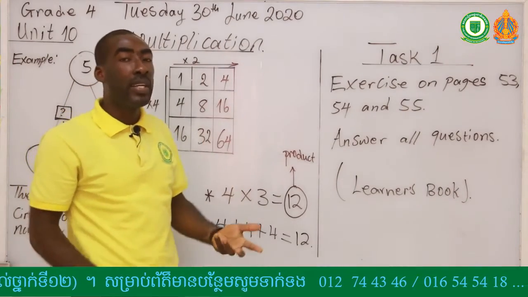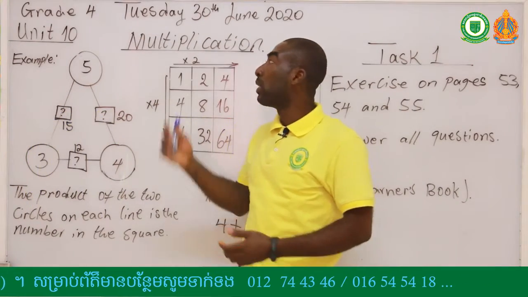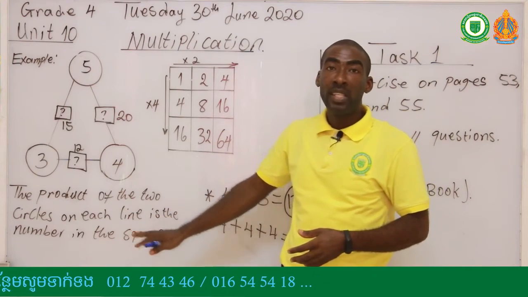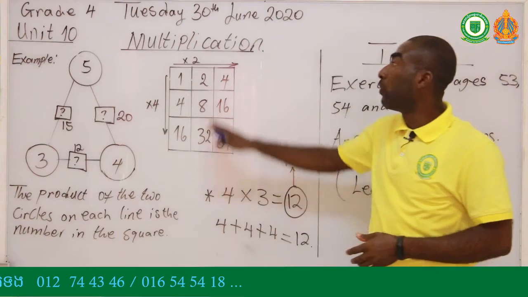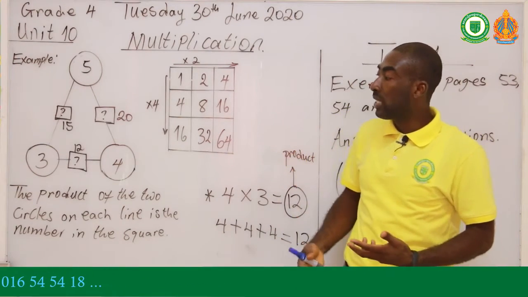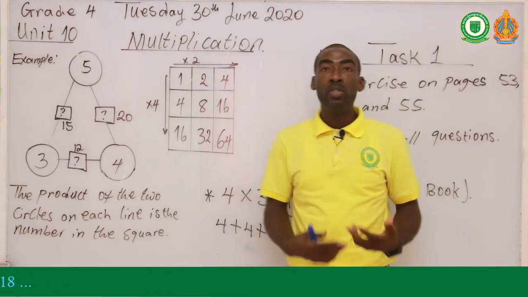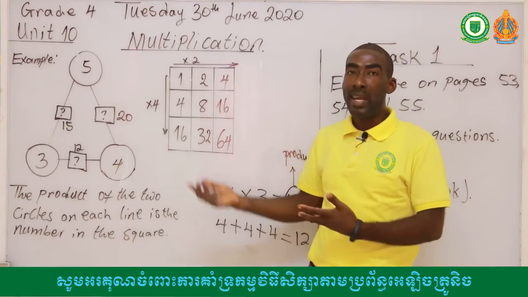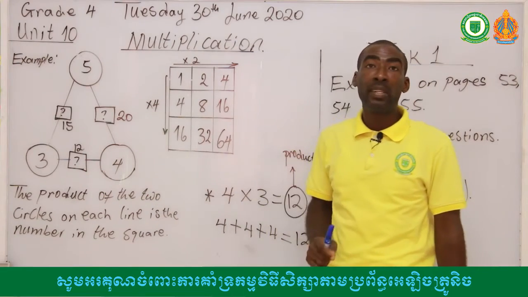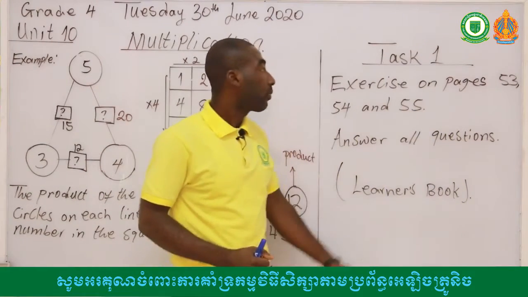So please, students, whenever you are dealing with a multiplication, you have to read your instruction or you have to follow the signs that is instructing you. We can put instruction in words or we can put instruction in signs, okay? So this is an instruction in words and this is an instruction in signs. Good.